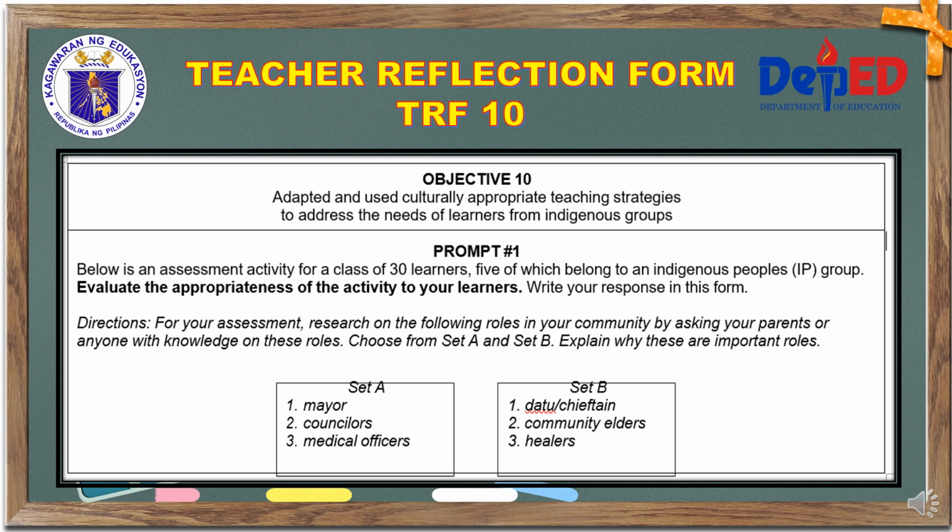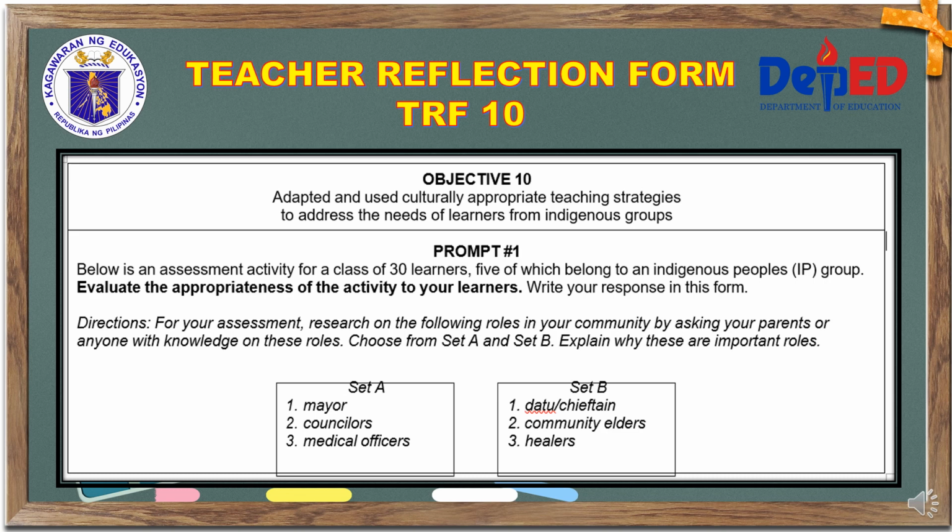So, today, mga ka-friendships, I will be teaching you kung paano sagutan naman ang TRF 10 prompt number 1 and 2. So, nakita natin dito sa harapan natin, Objective 10, adopted and used culturally appropriate teaching strategies to address the needs of learners from indigenous groups.